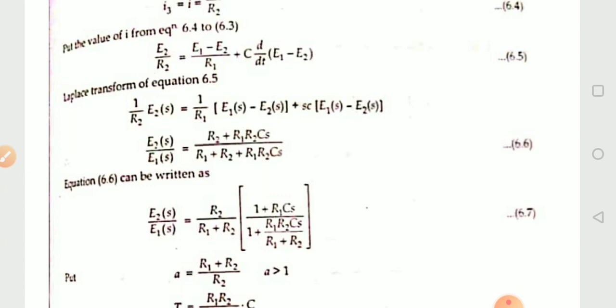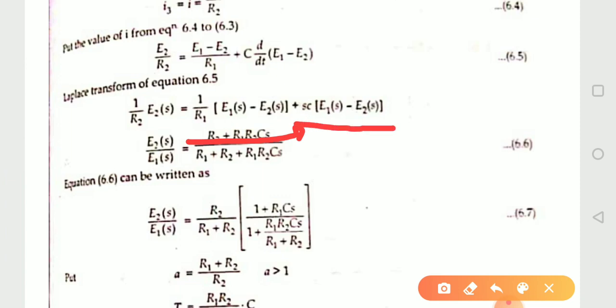The Laplace transform of E2 is E2(s), and the Laplace transform of E1 is E1(s), and here R1 is constant, so we can write this. The Laplace transform of d/dt of E1 minus E2 is s into E1(s) minus E2(s), and C is the constant.